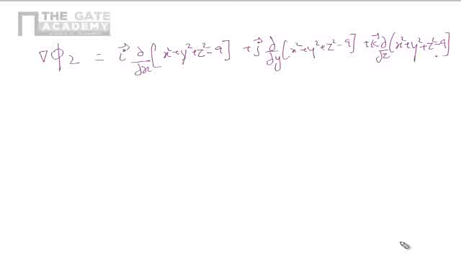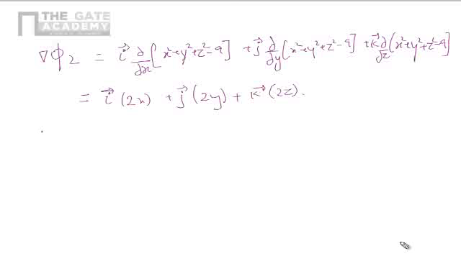So if I simplify this, I will get i vector times 2x plus j vector times 2y plus k vector times 2z. This is what I will get as del phi 2.